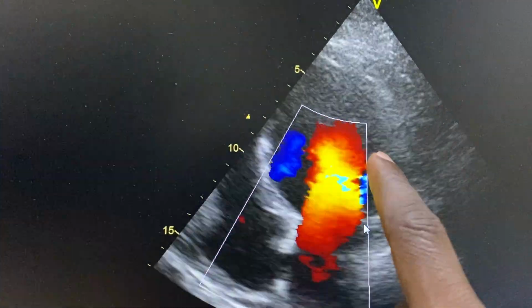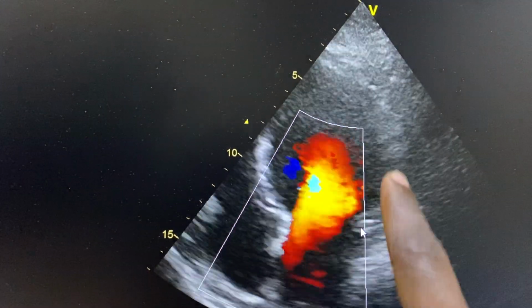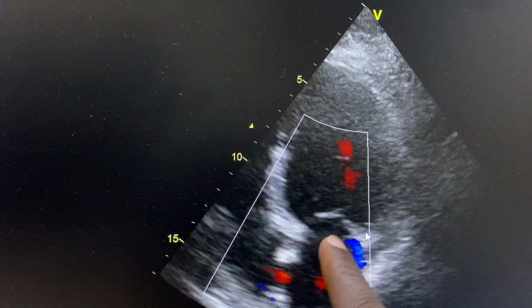We are not sure because of the window, but from the short axis it was not moving well, it was severely hypokinetic. And then our MR is there.